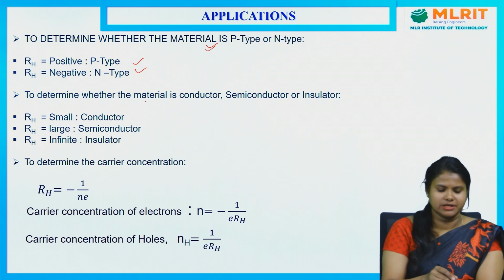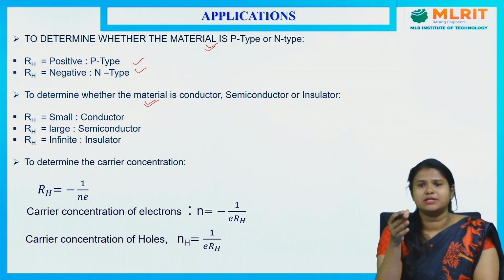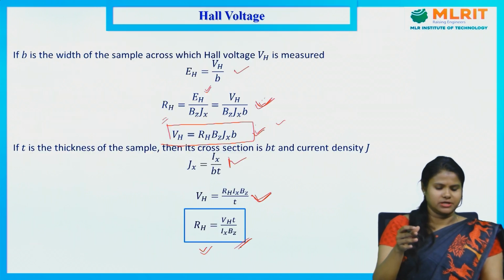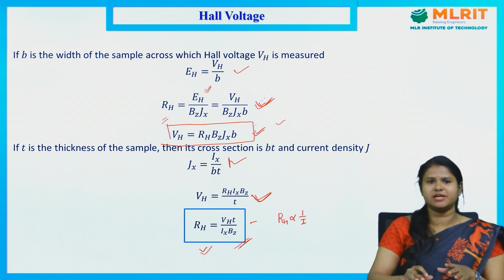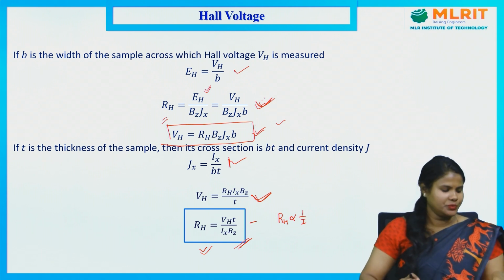Next, we can determine whether the material is a conductor, semiconductor or insulator. In this expression, RH is VH T by Ix into Bz.